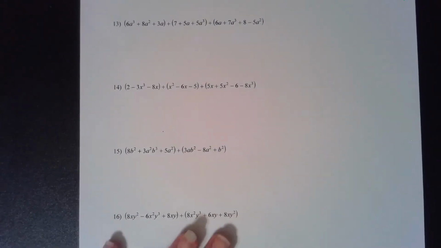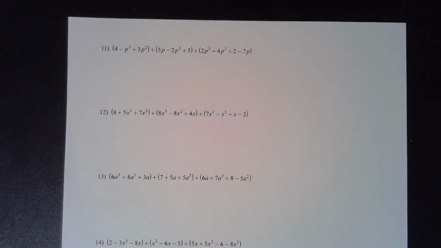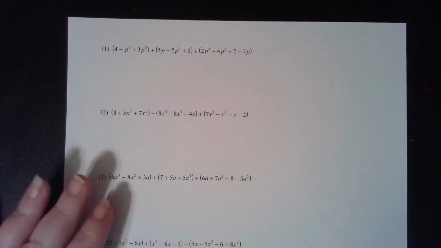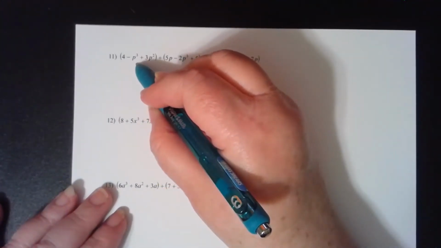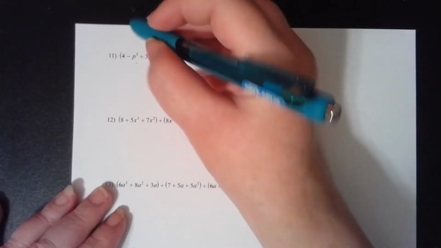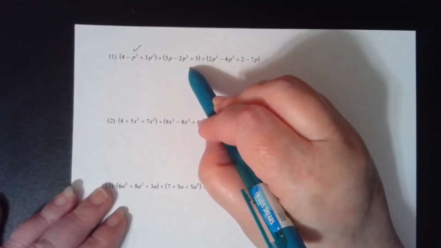First round. Alright. Well, now look what they did. They went ahead and added a third set of terms. Third function. So I'm going to look for my highest power, which in this case is p cubed. And I'm going to see if there's another p cubed over here.